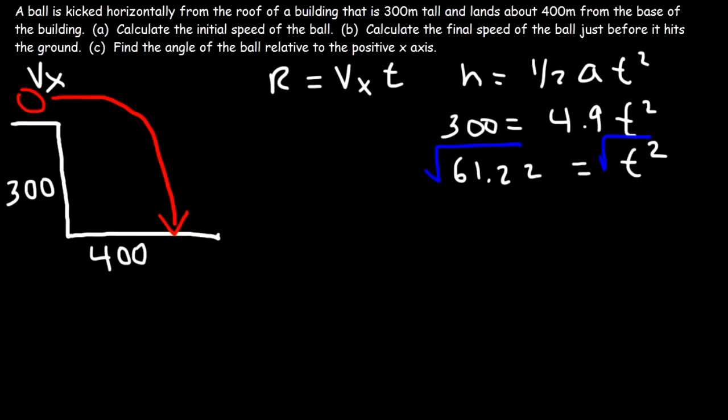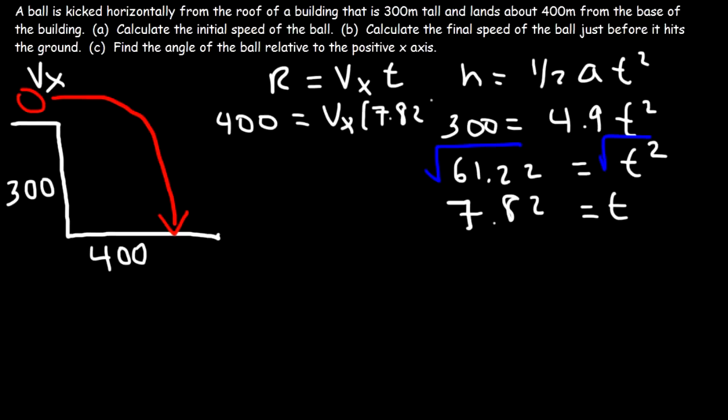So don't forget to take the square root of both sides. And so t is equal to 7.82. So now that we have the time, we could find Vx using the other equation. The range is 400 and t is 7.82.